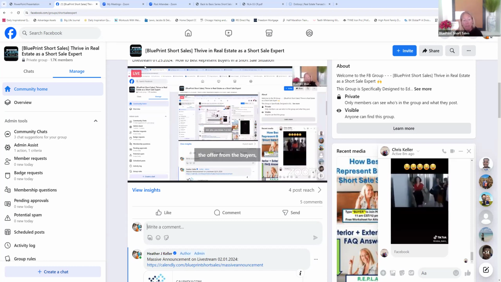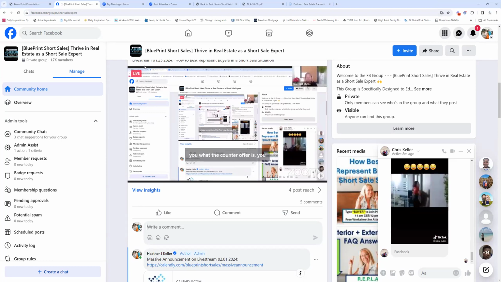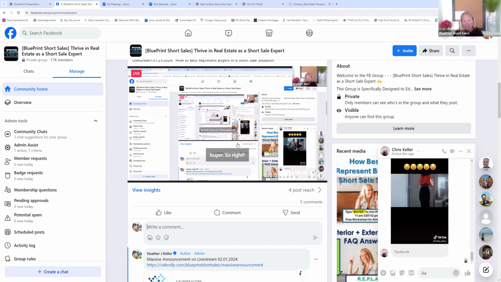So you do want to go back. As soon as the listing agent tells you what the counter offer is, you have to go back and tell your buyer and explain, hey, this is the counter. Depending on the bank, I will know this is 100% what they want.